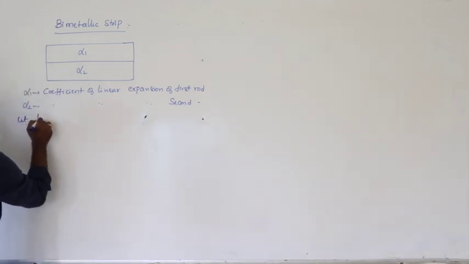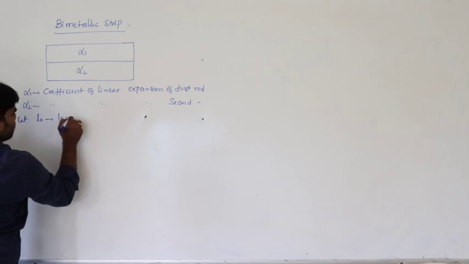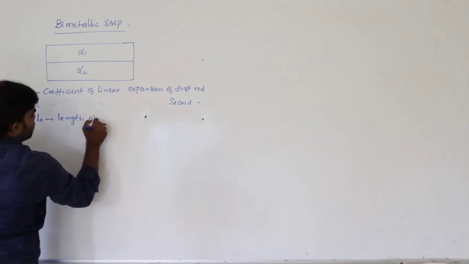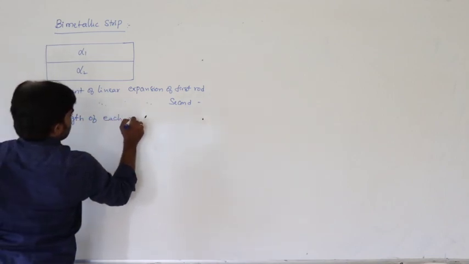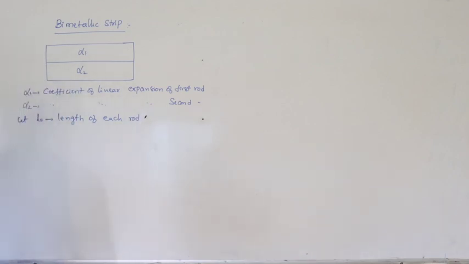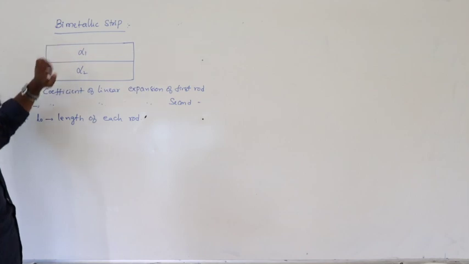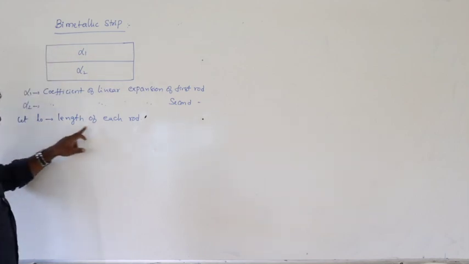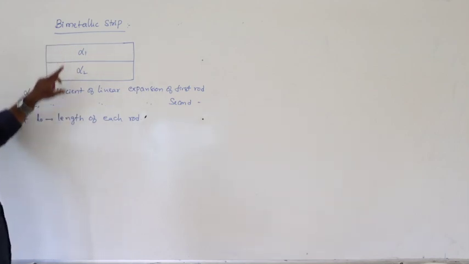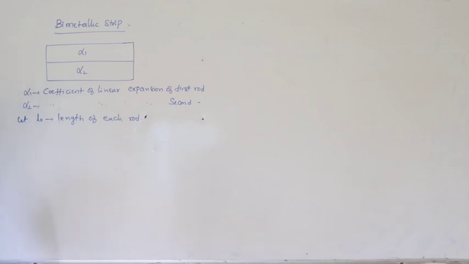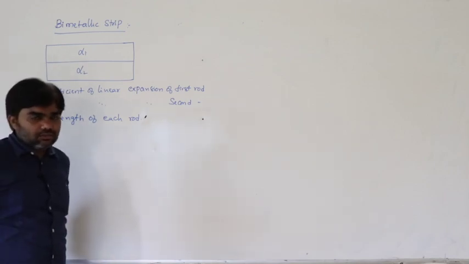Let L naught be the length of each rod. Initially both must have the same length.